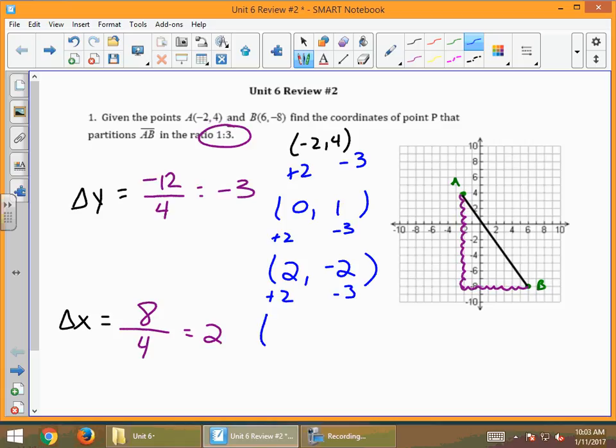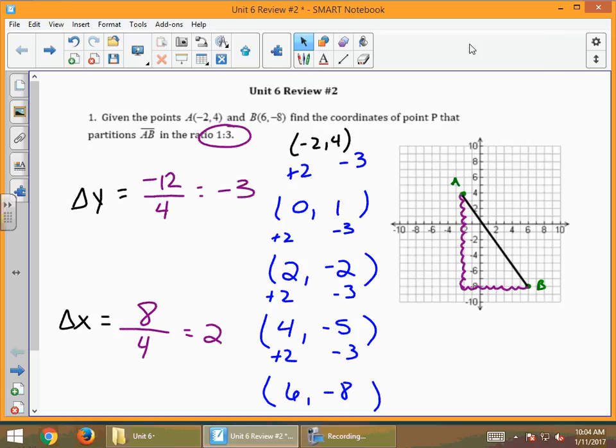Keep going. 2 plus 2 is 4, negative 2 minus 3 is negative 5. Again, 4 plus 2 is 6, and negative 5 minus 3 is negative 8. Can we stop? Yeah, we got our second point, so that tells you you can stop.